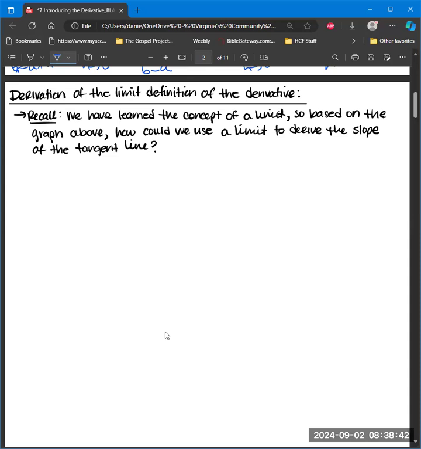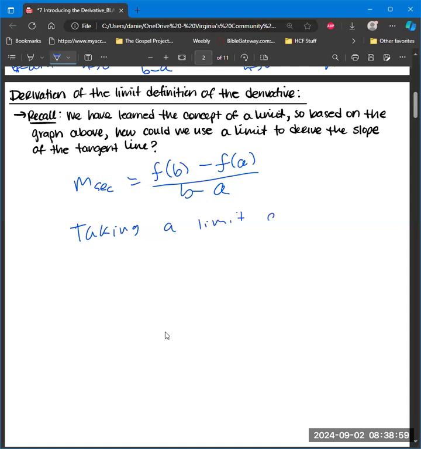Again, saying that the slope of our secant line is equal to f of b minus f of a over b minus a, and then taking a limit as b approaches a, or as h approaches 0, where b is equal to a plus h.